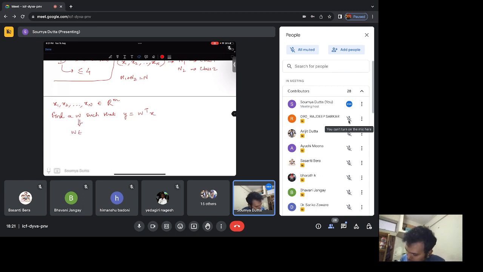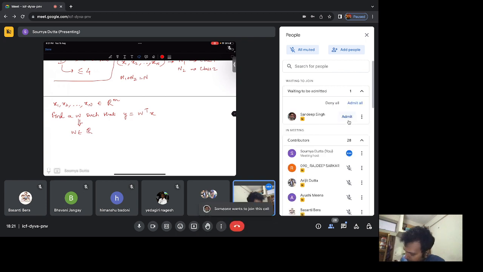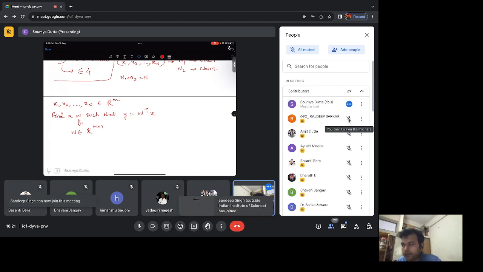W must belong to R of M cross 1 in this case. So if you multiply W transpose X, you basically get a 1 cross 1, you get a point. So finding this W is your aim.